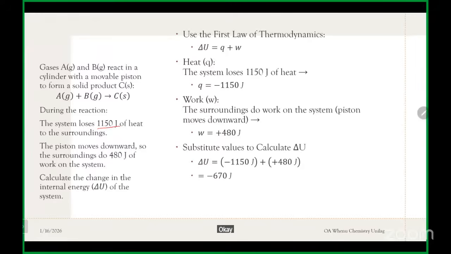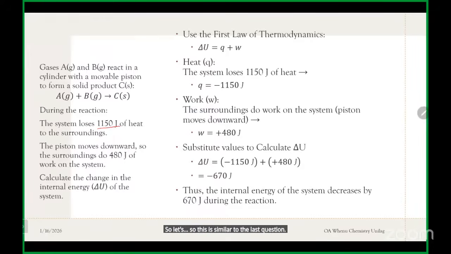Okay, so this is similar to that last question. And I am moving on.